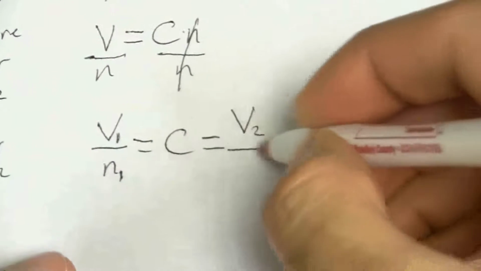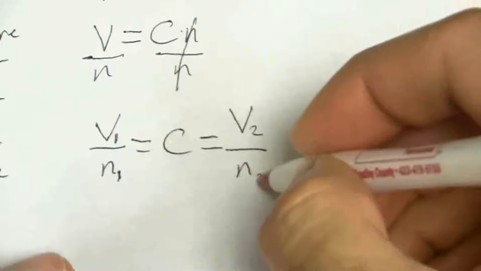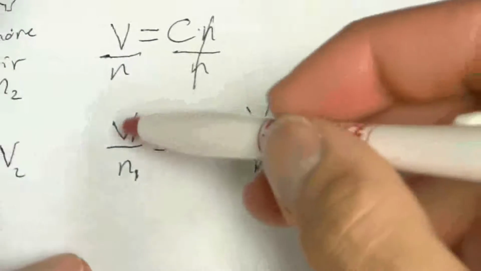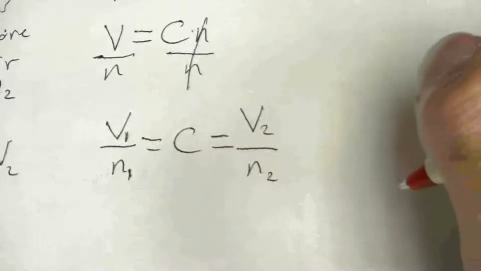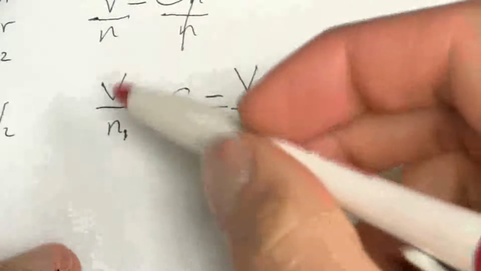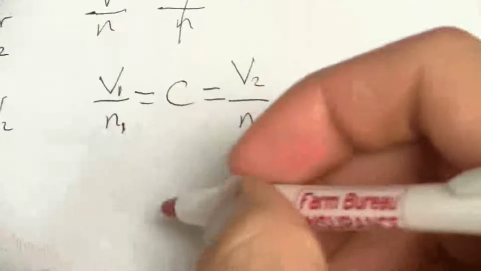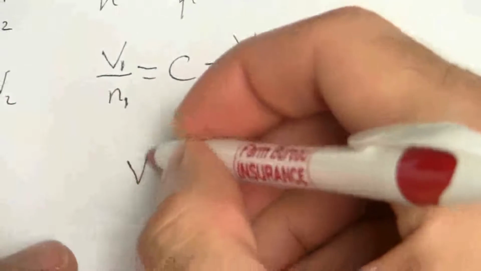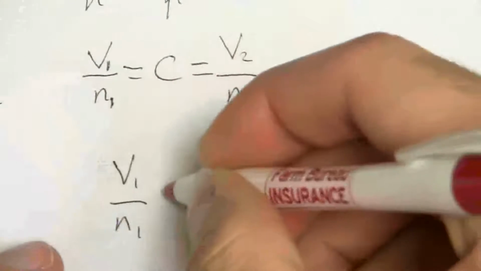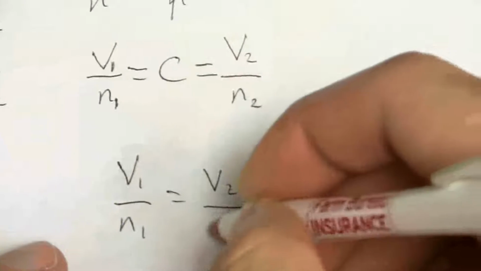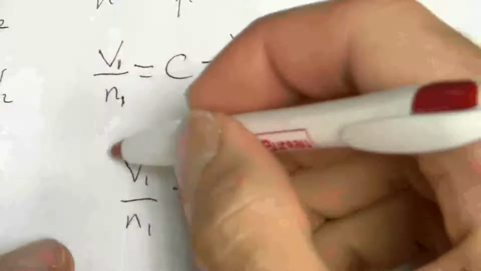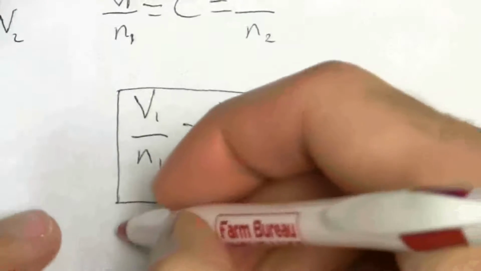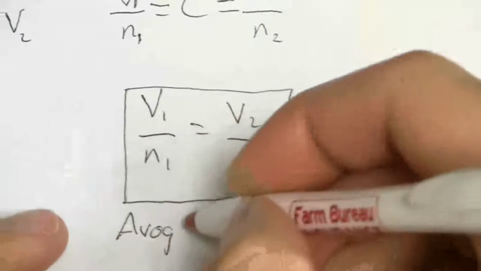So my final conditions, when I divide those, will equal the same constant as the initial conditions when I divide them. So here I have a relationship: V1 over N1 equals V2 over N2. And this one is Avogadro's law.